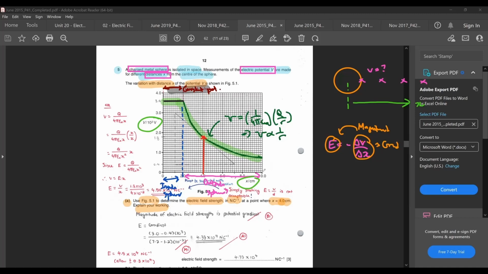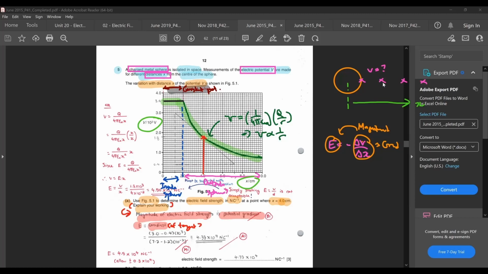Since the question mentioned that you need to explain your working, the explain your working part is actually you mentioning this sentence here: magnitude of electric field strength is your potential gradient. So your E is actually the gradient, specifically the gradient of your tangent drawn at 4 centimeter.